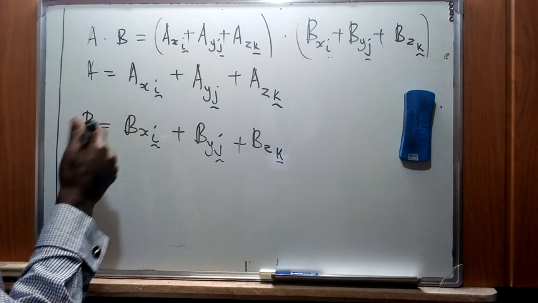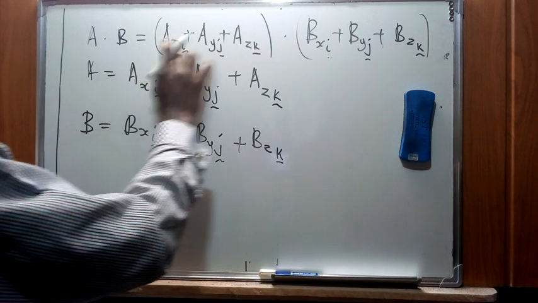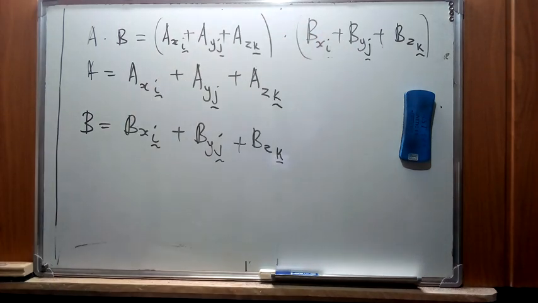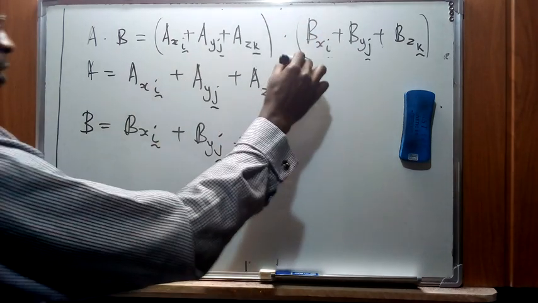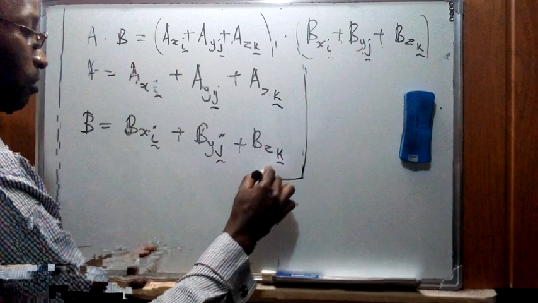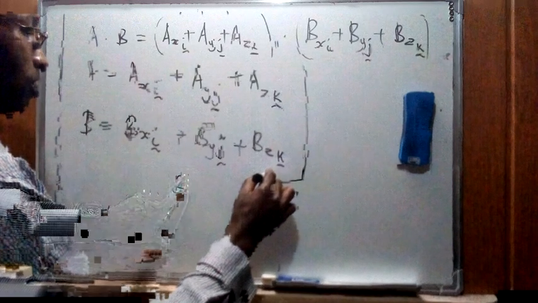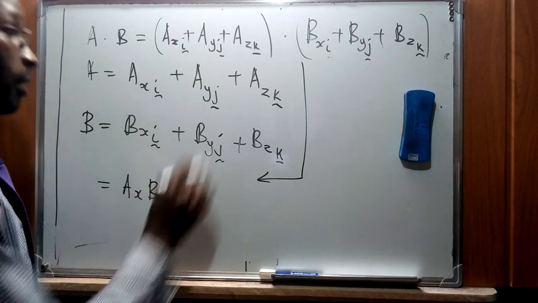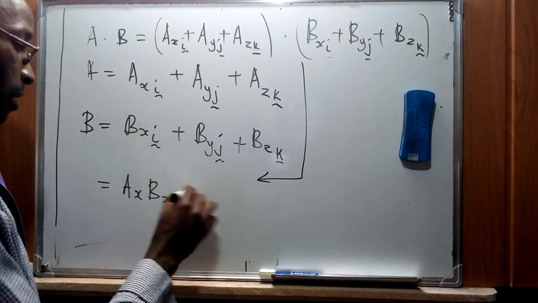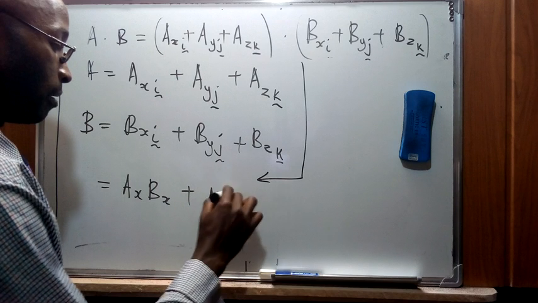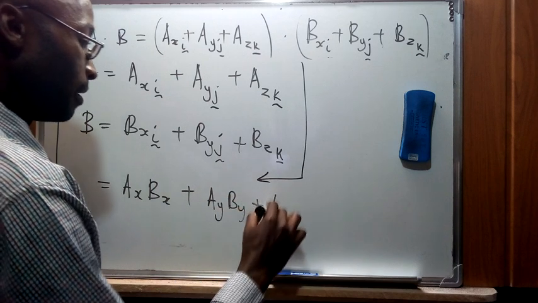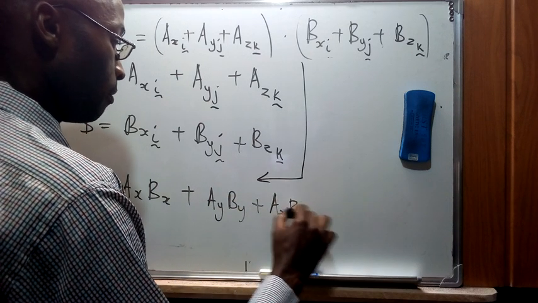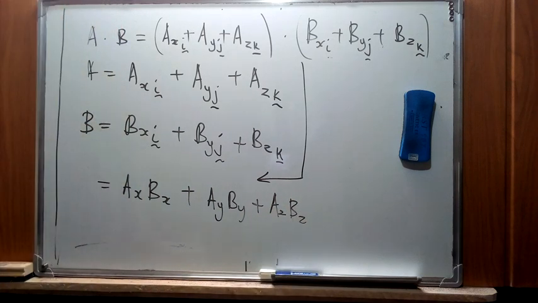So for the first one, we multiply the first component with the first from the second one for B. So the product for this is going to be Ax Bx, now that the i component has disappeared, plus Ay By plus Az Bz. So that is going to give us the dot product of those two specific vectors.